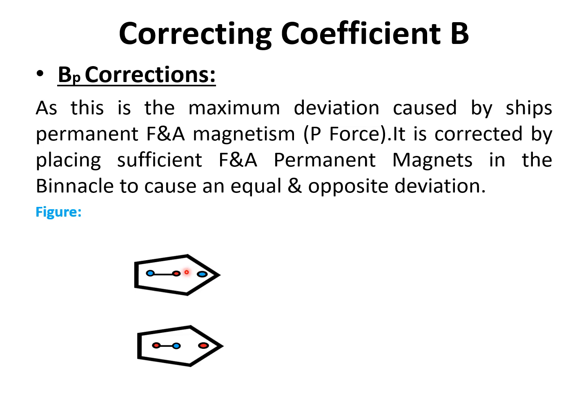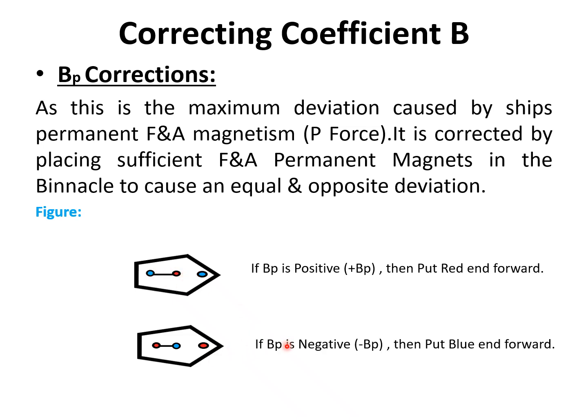So if we have got a BP which is positive, that means we have got blue pole at the forward, then we'll put the red end of the permanent magnet in the forward, right? And if our BP is negative, that means we have got a red pole in the forward, then we'll put the blue end of the permanent magnet forward, right?